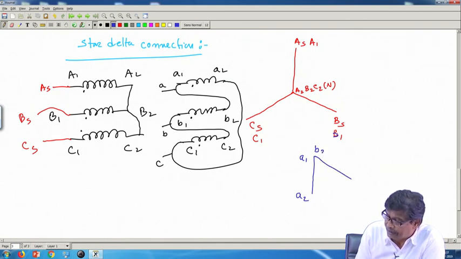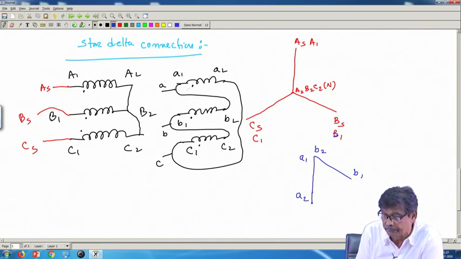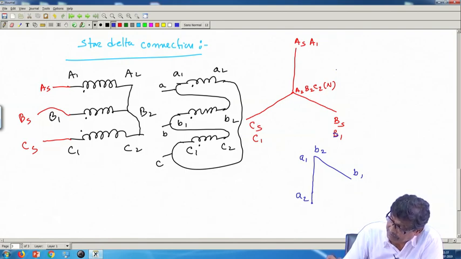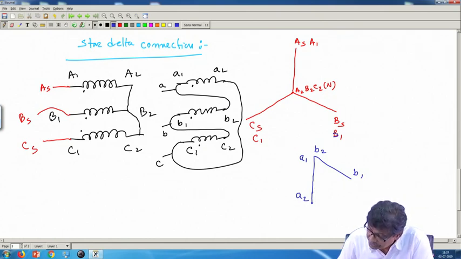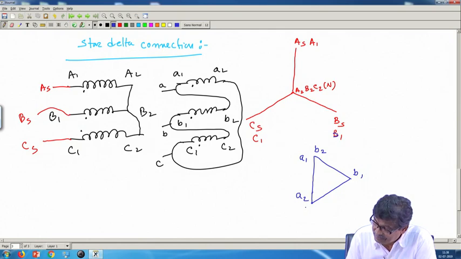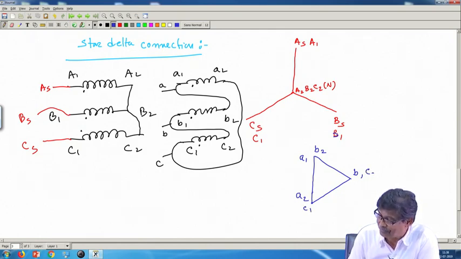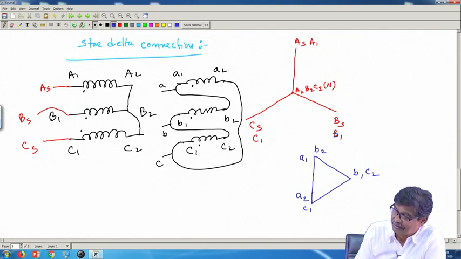With a little practice you will become conversant with this. This is the thing, A1 B2 I have joined. So, they must be at same potential, and then C1 C2, and C1 is joined with A2. So, it is like this, C1 C2.